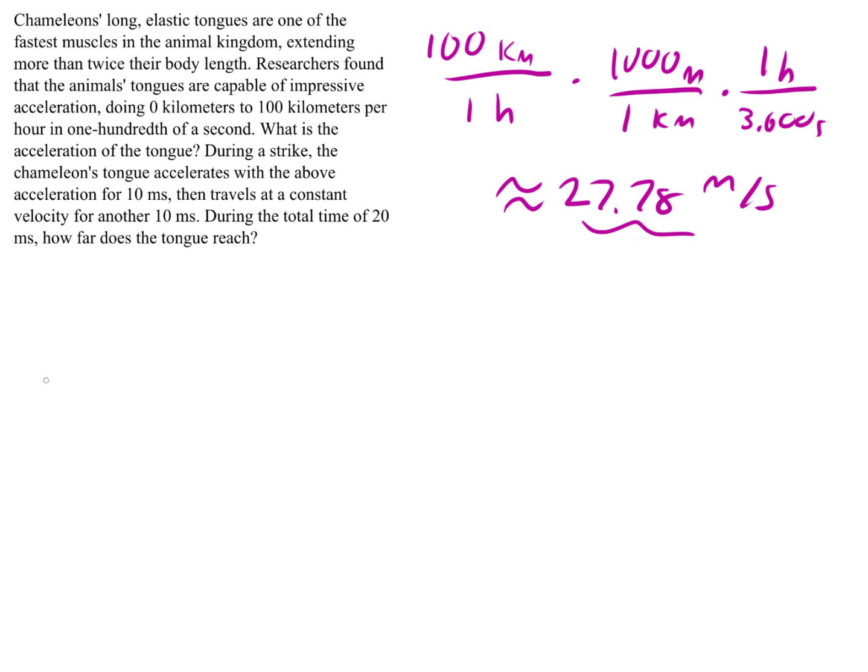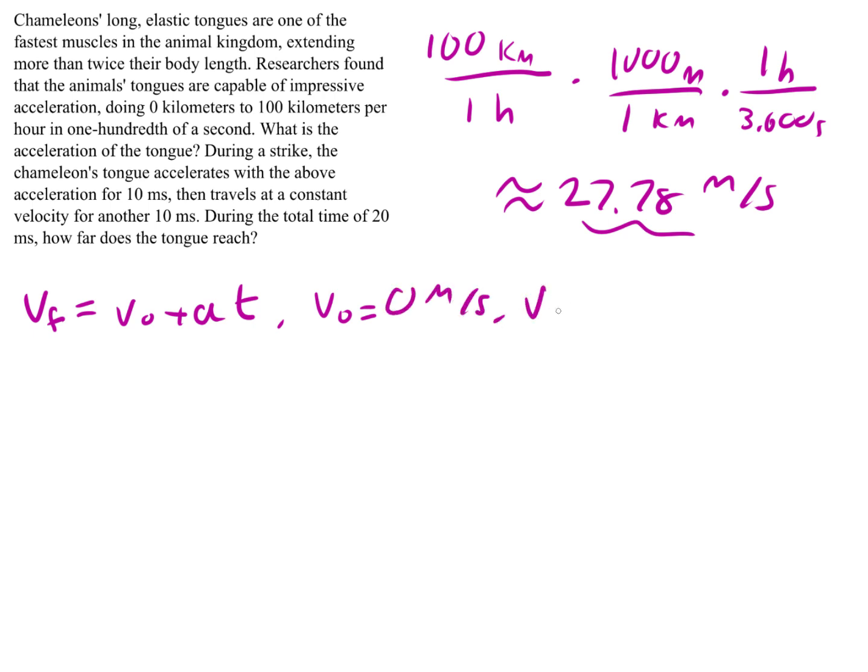So you can use the kinematic equation that the final velocity equals the initial velocity plus the acceleration times the time, since we have all of the variables we need except for the acceleration. The initial velocity is 0 kilometers per hour, which is 0 meters per second.